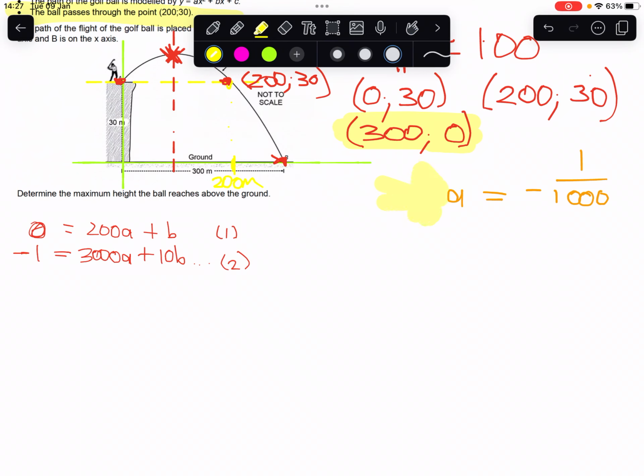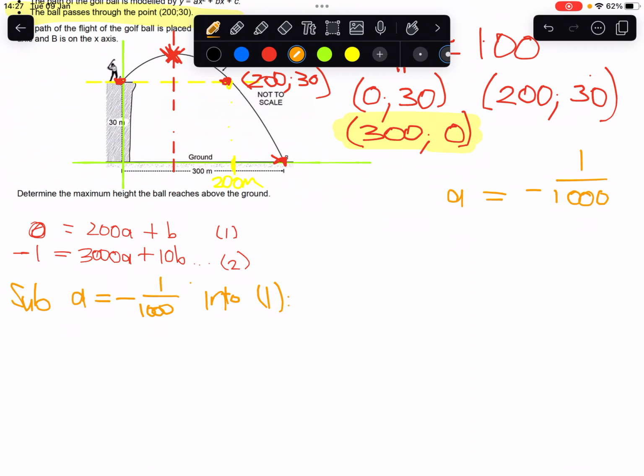Okay, so we now know that a is equal to negative 1,000th. Perfect. So we now need to figure out what b is, which we can figure out by putting into either of the equations, right? So sub a is equal to negative 1,000th into, let's say, the first one.